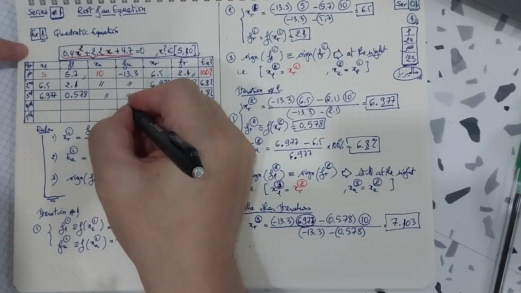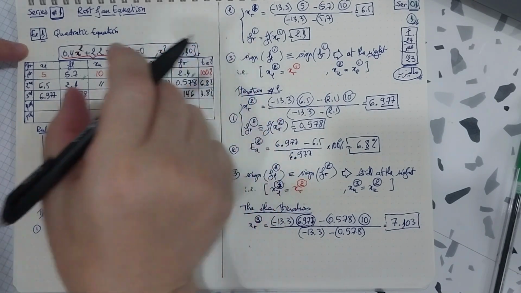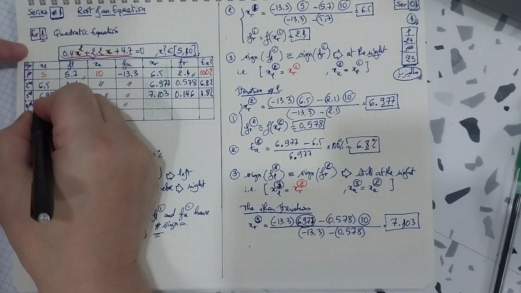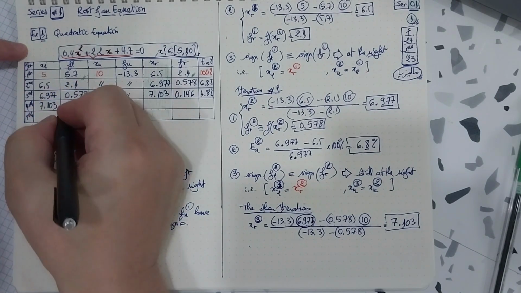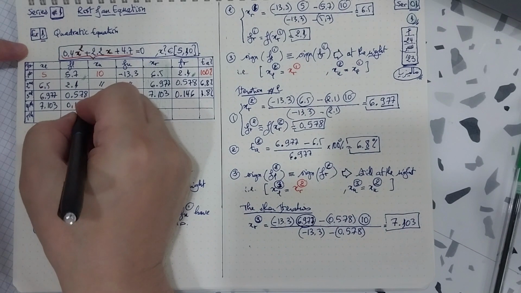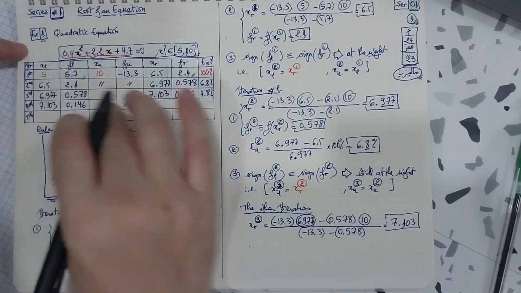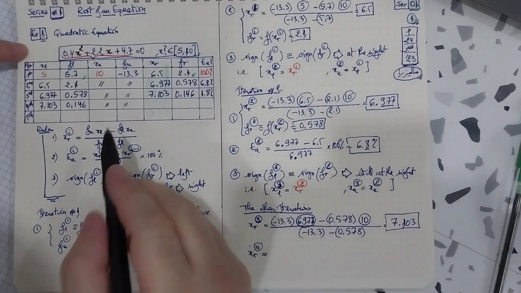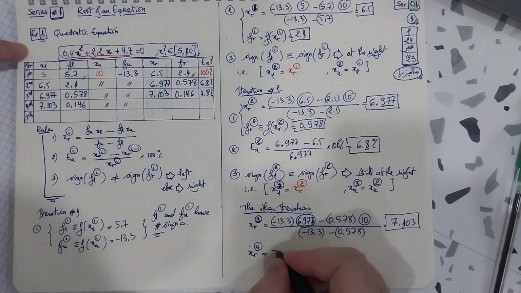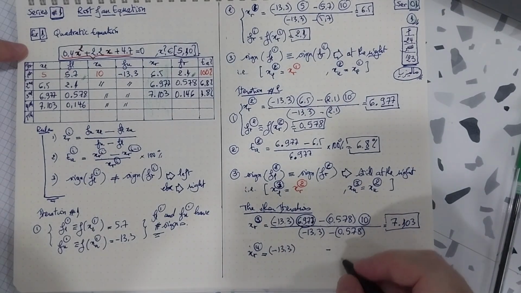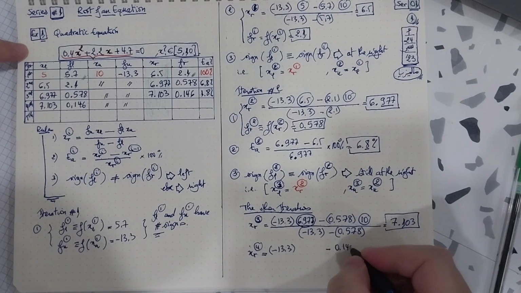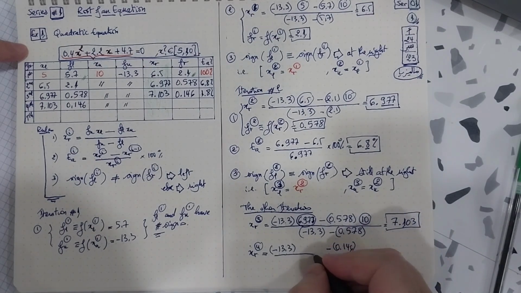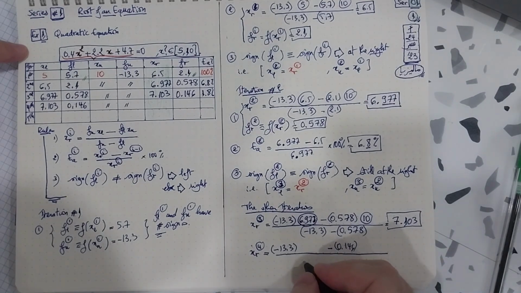At the right, we take the two values here, XR and its image. And here better not to do it mentally, but write the formula. So XR4, the fourth iteration, is FU and FL: minus 13.3, leave space here, and FL is 0.146, both at the numerator and the denominator.